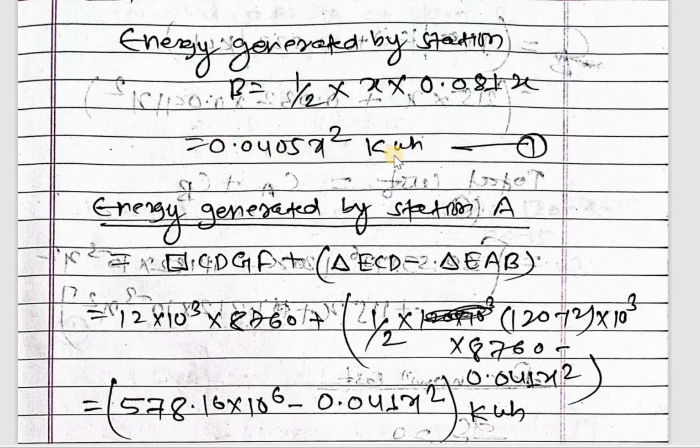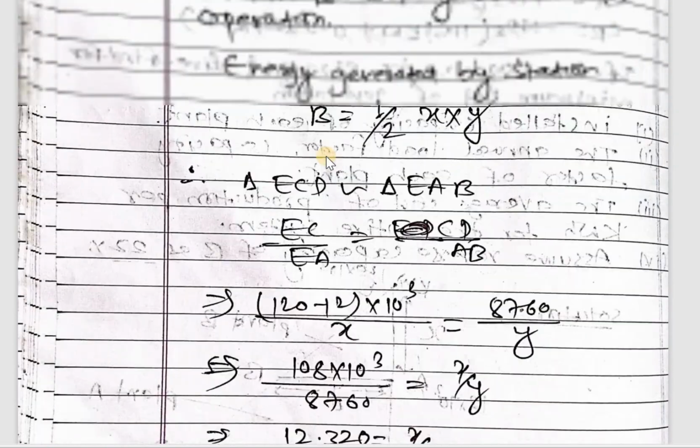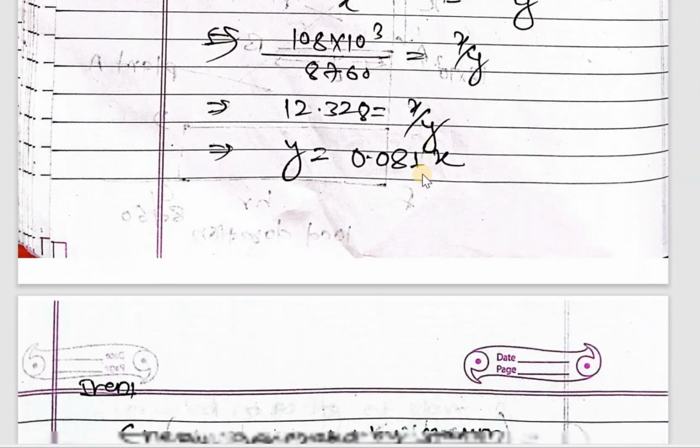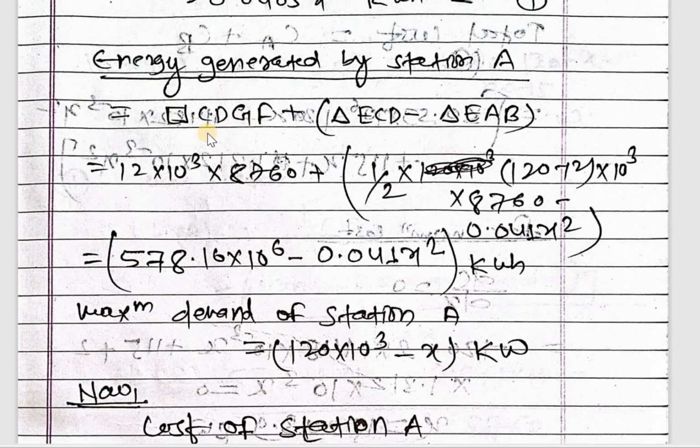Then the energy generated by station B is 1 by 2 into X into 0.081 X, that is 0.0405 X square kilowatt hour. And the energy generated by station A is the whole minus B, so we can get A: rectangle CDGF plus triangle EDC minus triangle EAB, that is 12 into 10 to the power 3 into 8760 plus 1 by 2 into (120 minus 12) into 10 to the power 3 into 8760 minus 0.0405 X square.